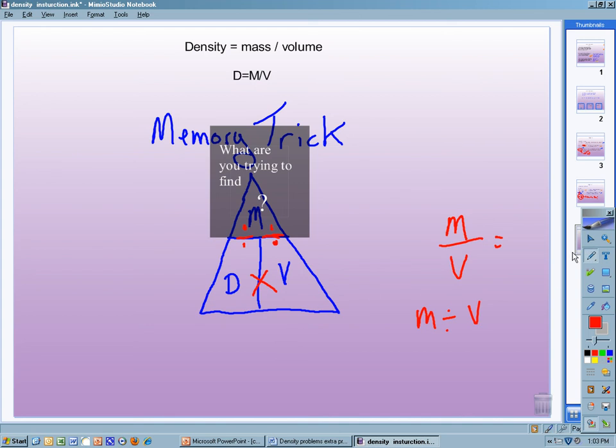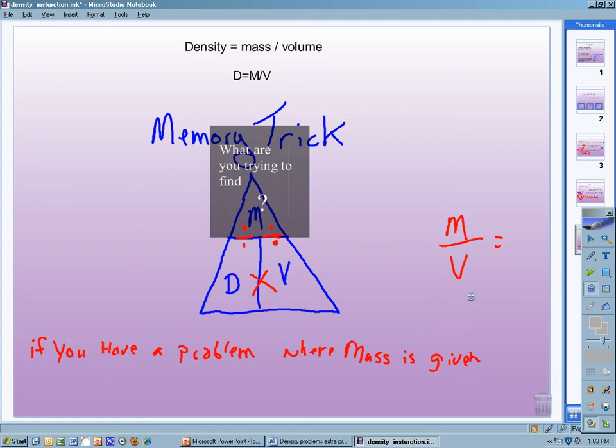Basically, the shortcut is this. If you have a problem where mass is given, all right? When you've got a math problem, the things that they give you at the beginning, those are givens.